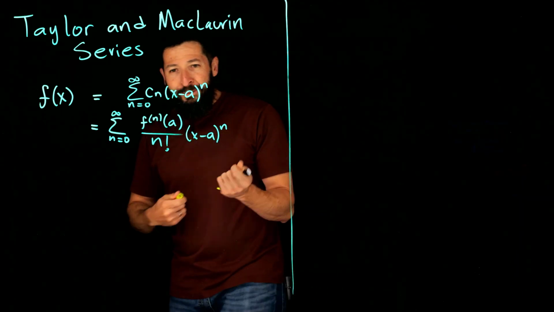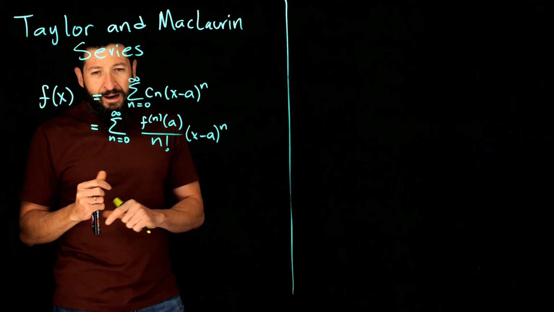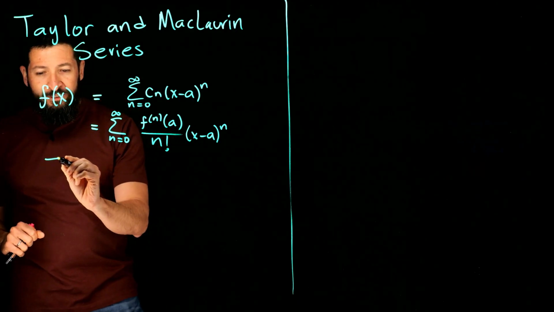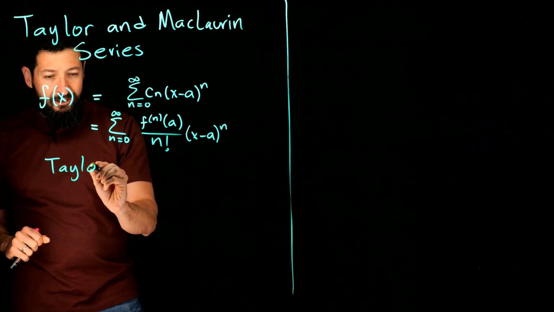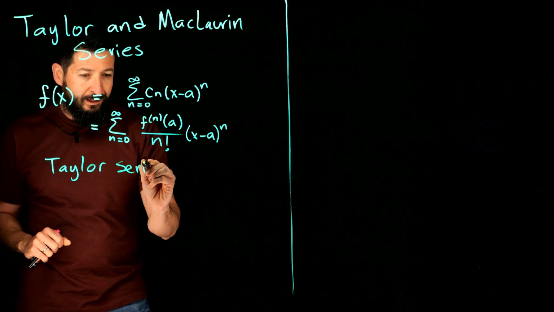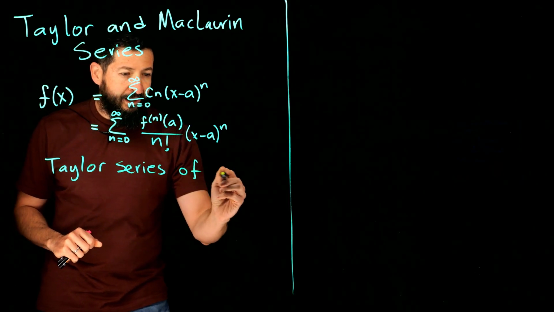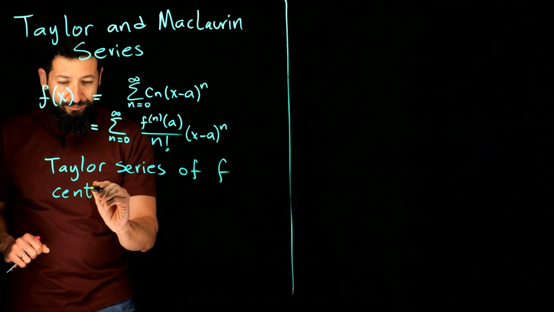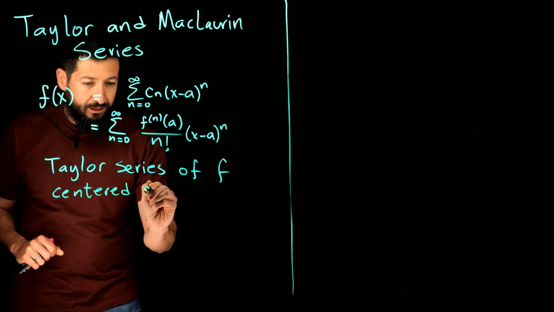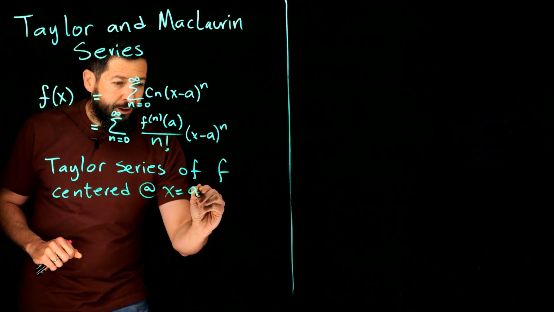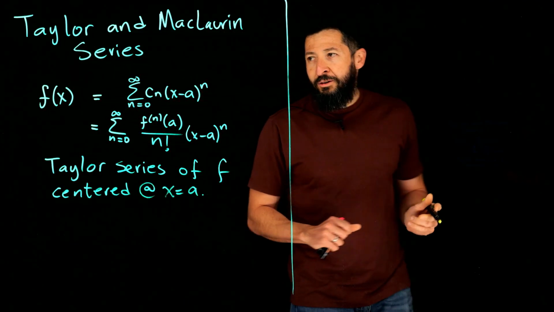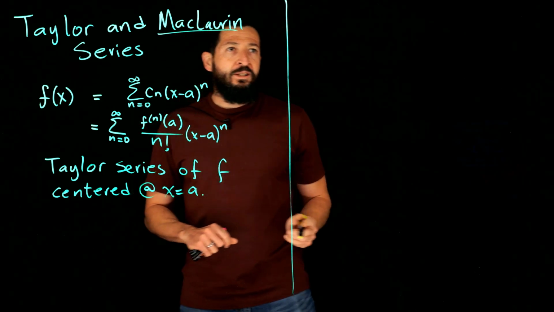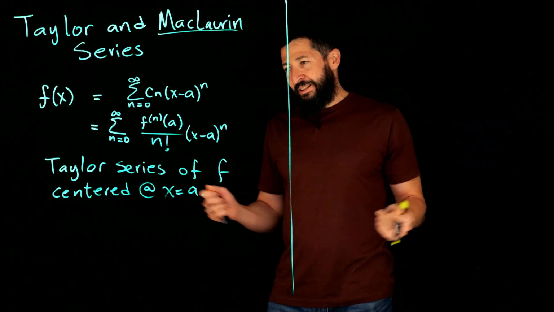So we put down the coefficients that we computed, and this is going to be called the Taylor series of f, centered at x equals a. Whenever you center your series at 0, it would be called the Maclaurin series. So that's the distinction between them.